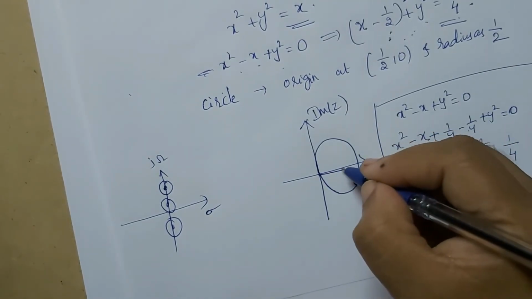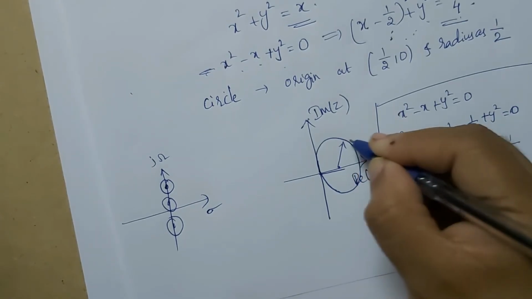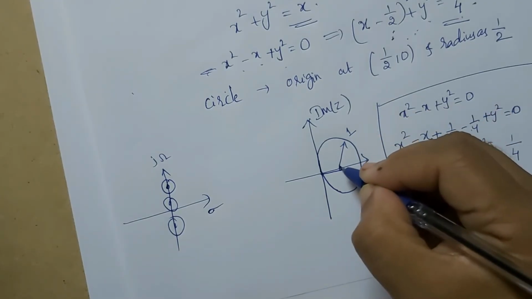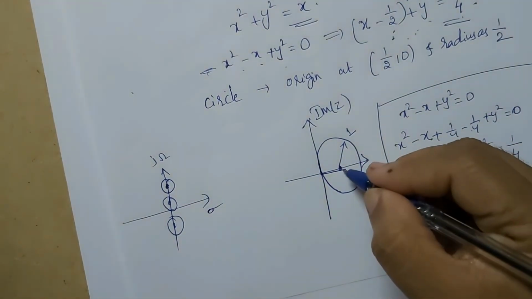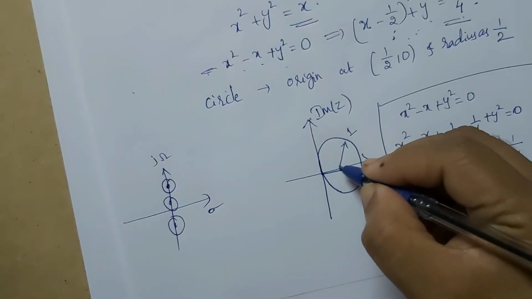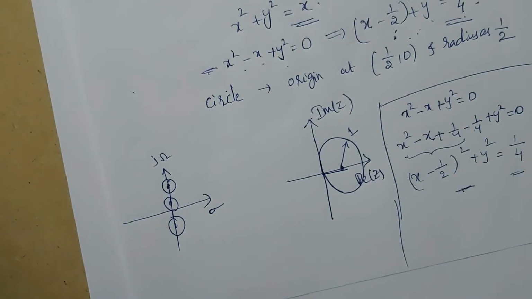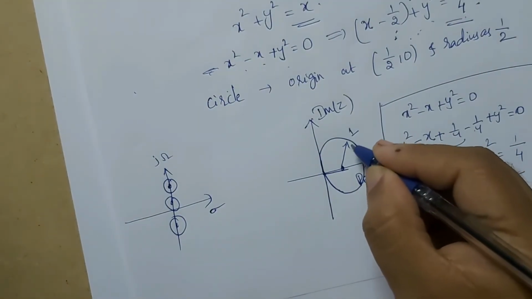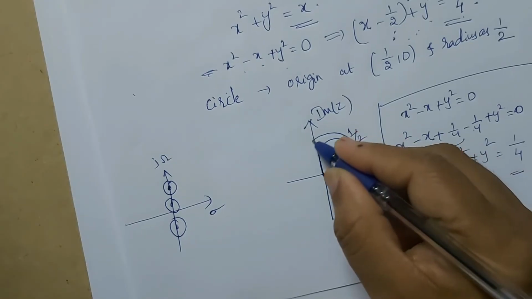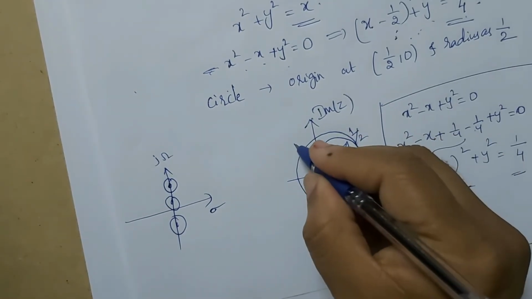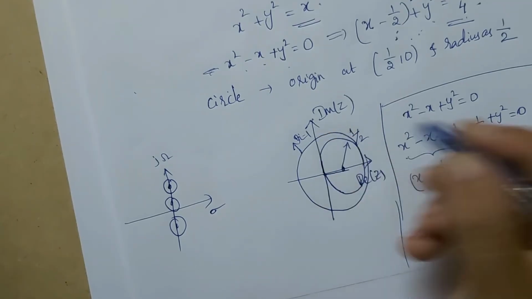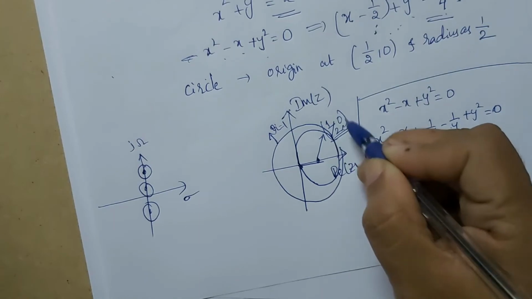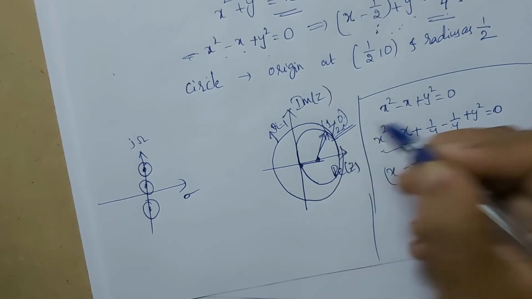If you take this as the unit circle, with radius 1 and origin at (0, 0), this will be our circle with center at (1/2, 0). Like this it will come.